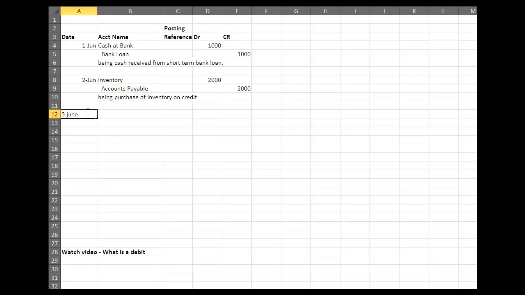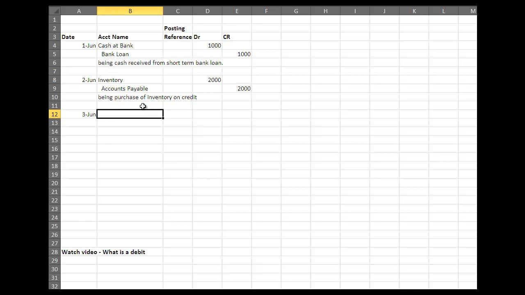Right, 3rd of June, paid rent, $500. Right, is there a debit entry here? Well, let's have a look. Is there an asset that increases? No. The only asset we have here is bank, which would go down. Is there a liability that falls? No. Owner's equity. Is there a debit for owner's equity? So, is there an expense? Yes, that's a debit.